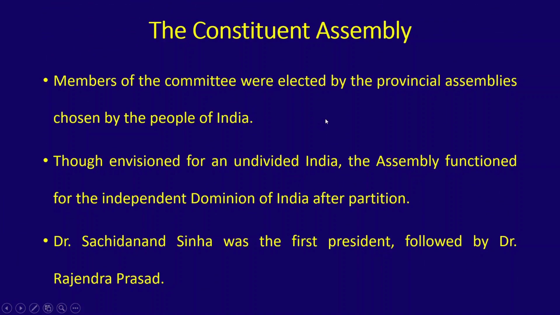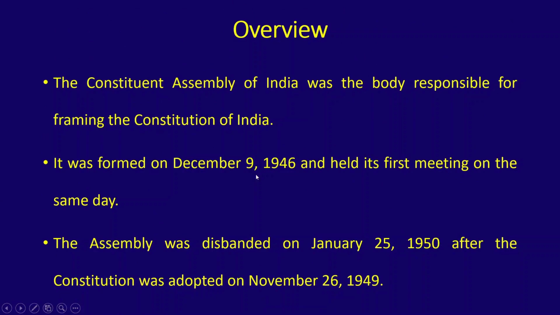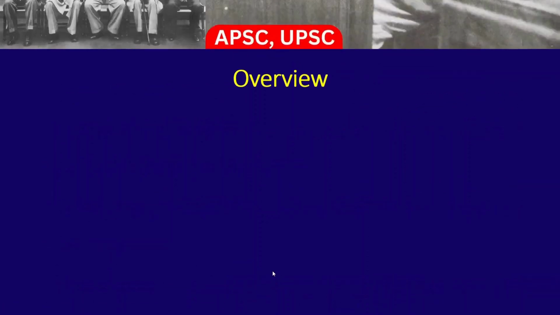Okay, how the Constituent Assembly was formed, here you can go through once again. Members of the committee were elected by the provincial assemblies, who were elected by the people of India. Okay, and Dr. Sachidananda Sinha was the first president of the Constituent Assembly. And it took 2 years, 11 months and 17 days to frame the constitution.